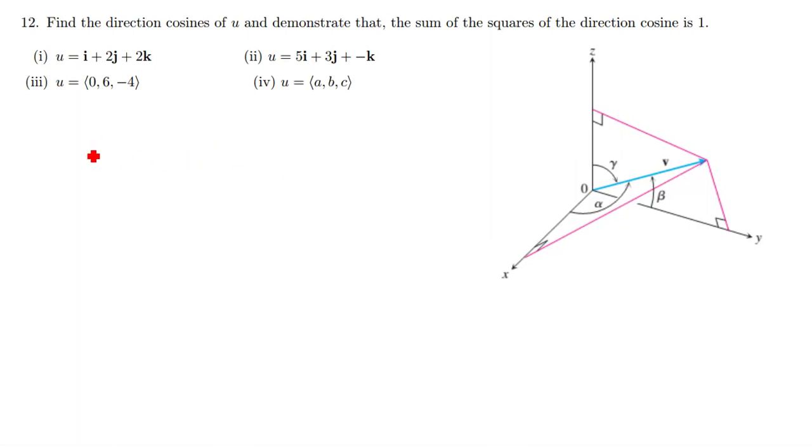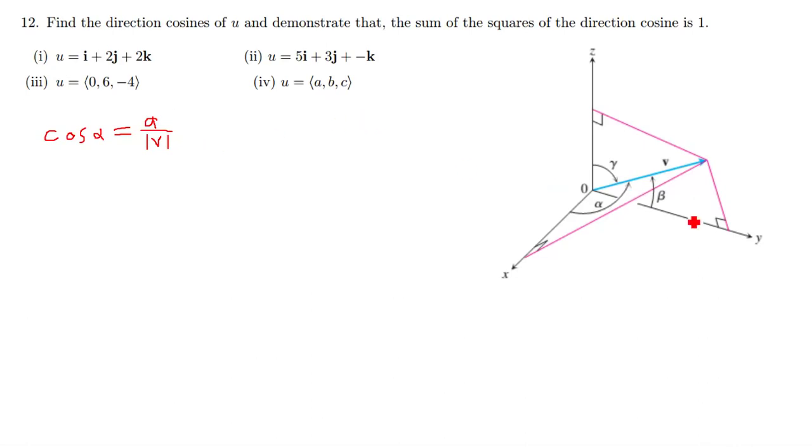And these direction cosines are given by cos alpha, which is this alpha here, the angle between the given vector and the x-axis. So cos alpha is just given by a over the magnitude of the given vector v or u. It can be vector v, vector u, vector m, depending on the vector that you've been given.